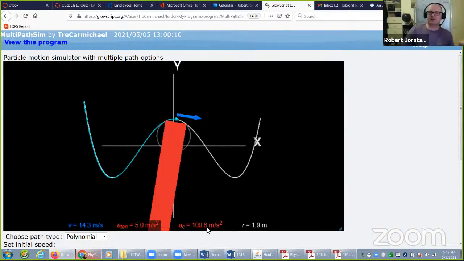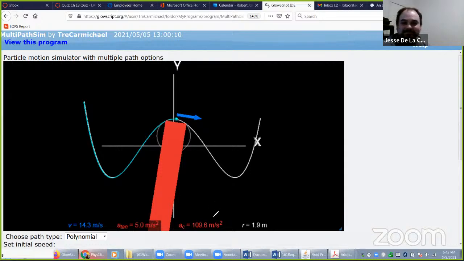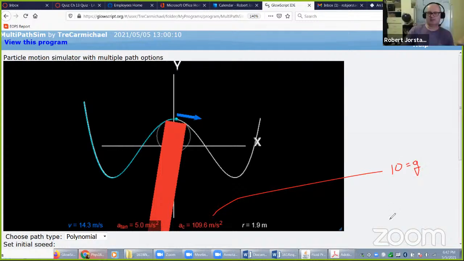What's the acceleration your weight can give you? About? 10. Anytime this number is greater than 10, people are going to fly off the track, right?